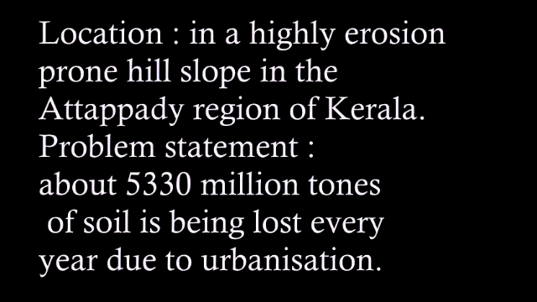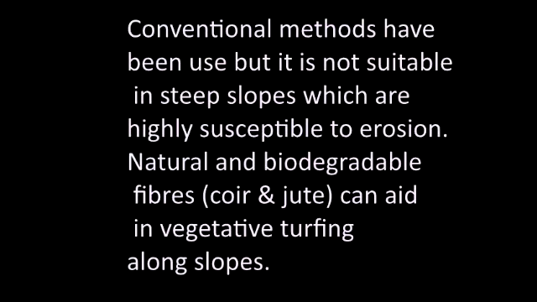About 5,330 million tons of soil is being lost every year due to urbanization. Conventional methods have been used, but they are not suitable on steep slopes, which are highly susceptible to erosion.